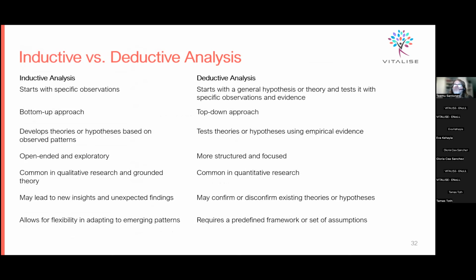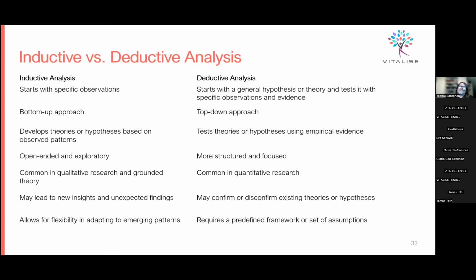So once we get to the analysis of your data, we can take two approaches: inductive or deductive analysis. Inductive analysis always starts with a specific observation. It's a bottom-up approach where you try to develop theories or hypotheses based on what you have been observing.